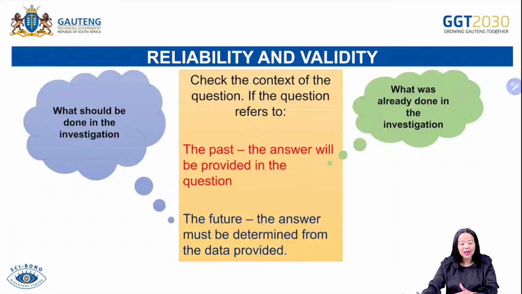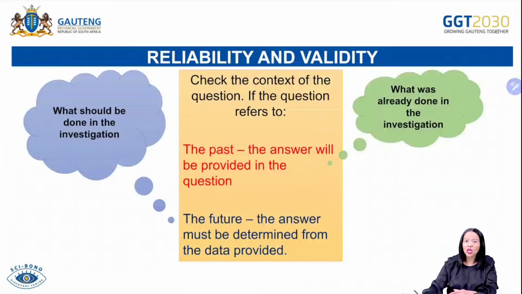If in the method there is a statement that says maybe the investigator used 20 participants in that investigation, then you need to state that 20 individuals or 20 participants were used in this investigation. That is what they did. They can rephrase the question or phrase it in a different way to say, what is it that the investigator can do to ensure the reliability of this investigation?